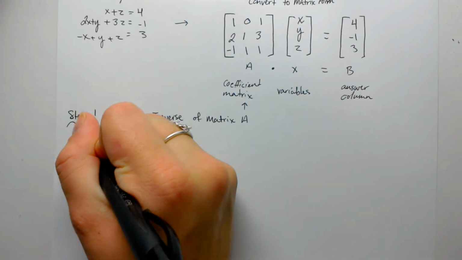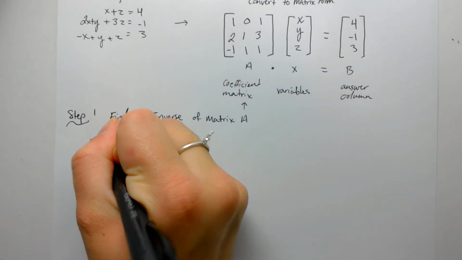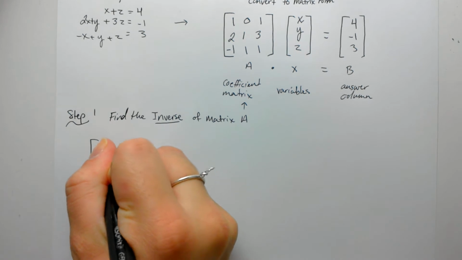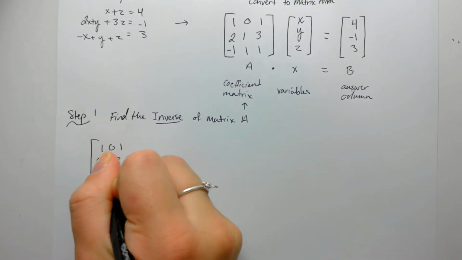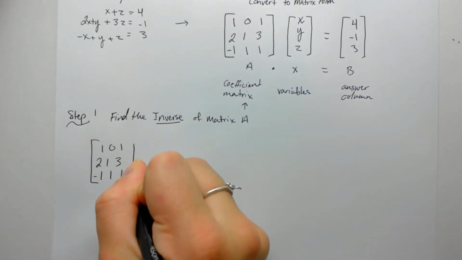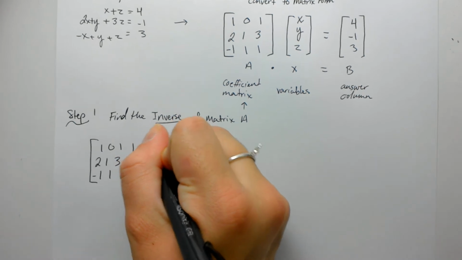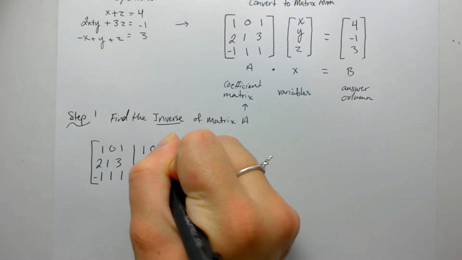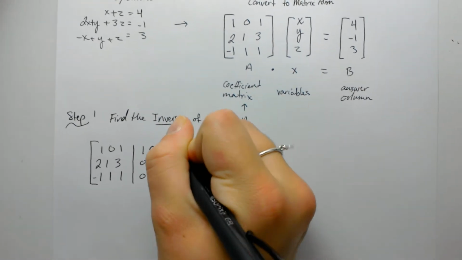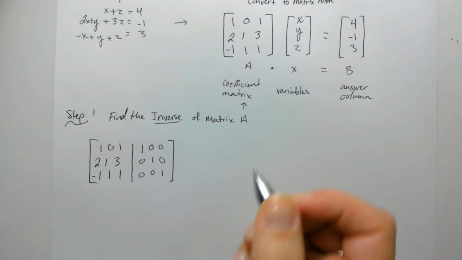So here I'm going to write 1, 0, 1, 2, 1, 3, negative 1, 1, 1, bar, and then our identity matrix, which is this particular set of ones and zeros.